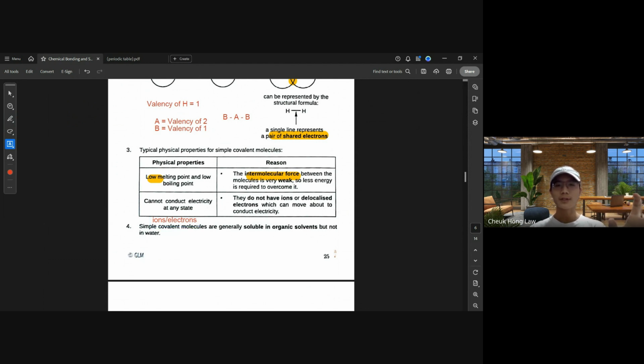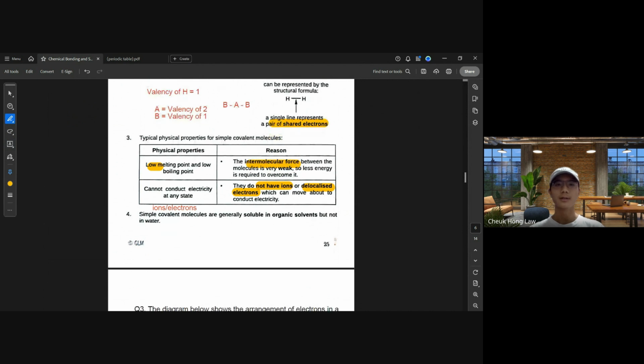If none of those can move, then it cannot conduct electricity. Covalent compounds do not have ions. They also do not have free electrons, they do not have delocalized electrons. Delocalized means free to move. So simple covalent molecules cannot conduct electricity. Okay, so that's the second property.